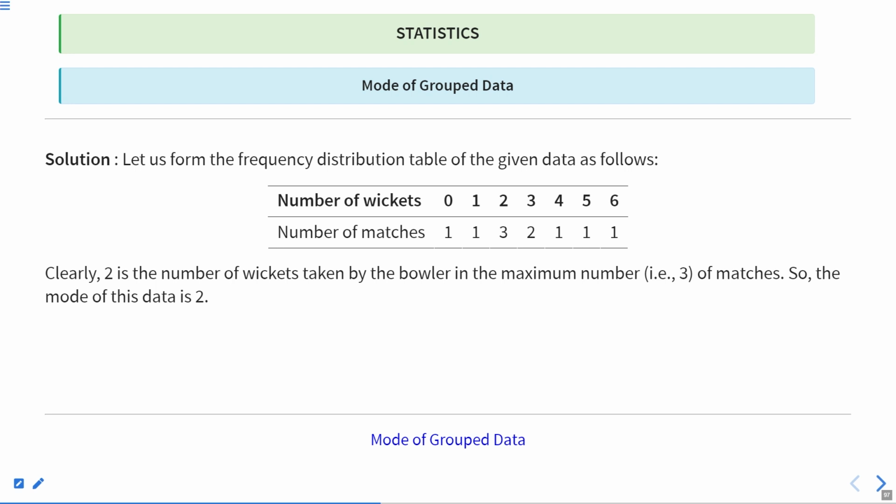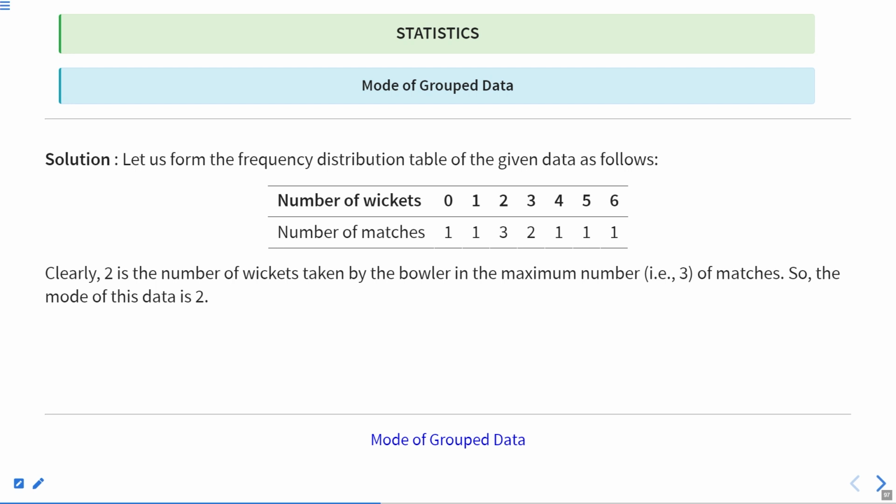When the number of wickets is 0, the number of matches is 1; for 1 wicket, 1 match; for 2 wickets, 3 matches; for 3 wickets, 2 matches; for 4, 5 and 6 wickets, 1 match each.